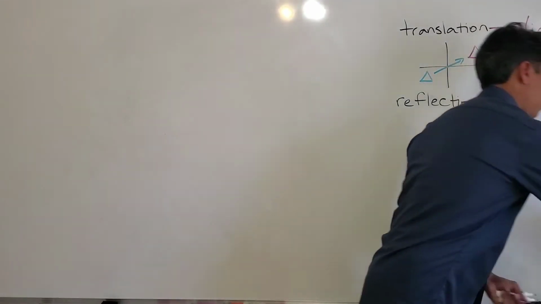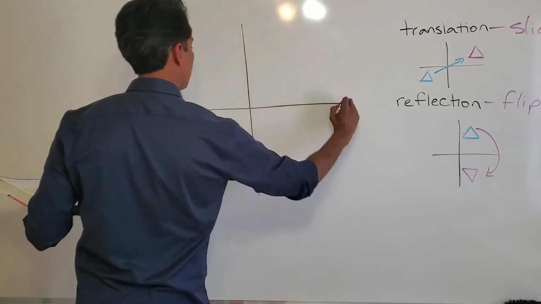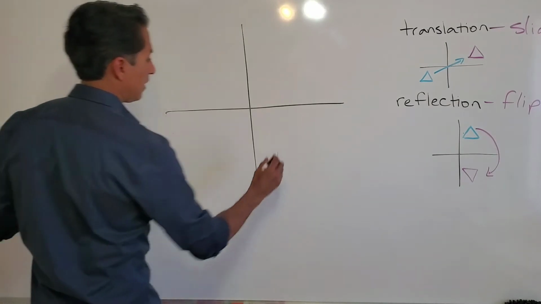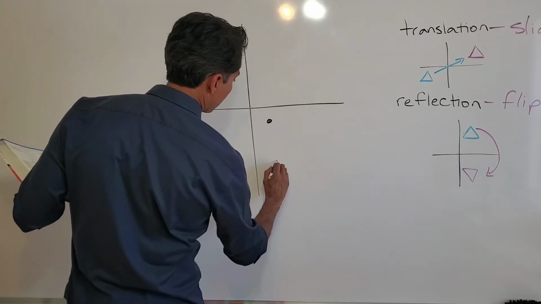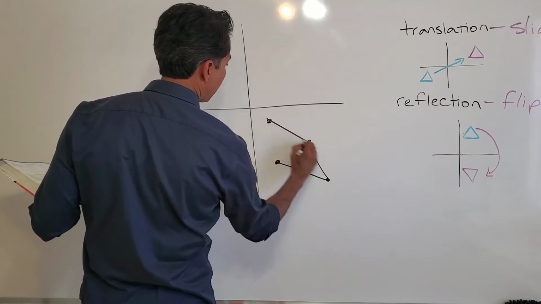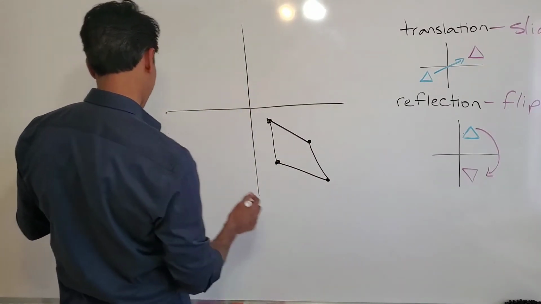You know what? I'm going to need the book for this one because this is kind of big. Let me do this, and the original is kind of like a diamond almost, like that. That's pretty good.